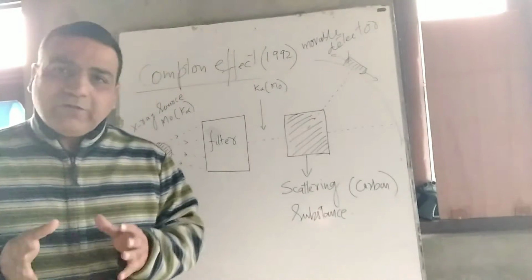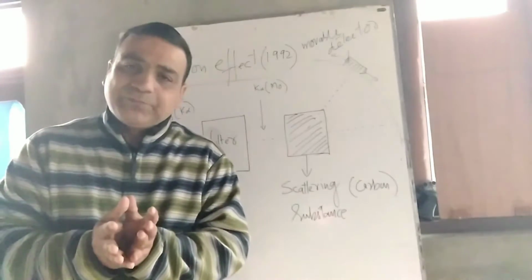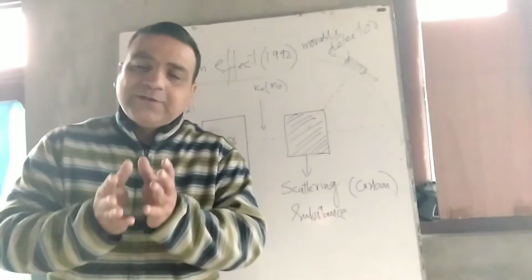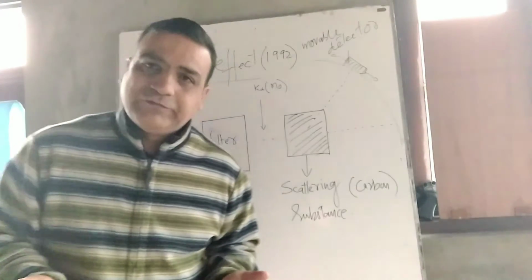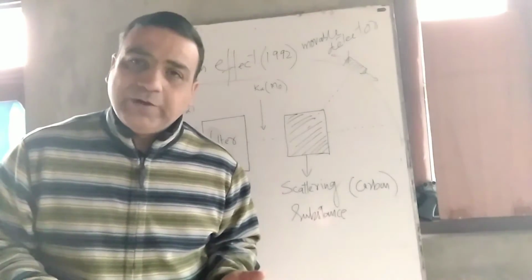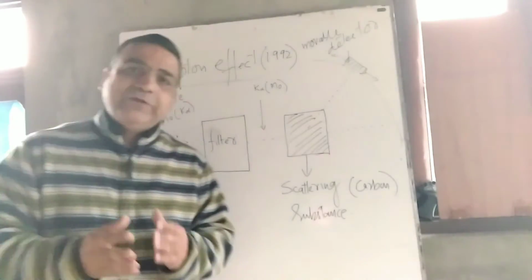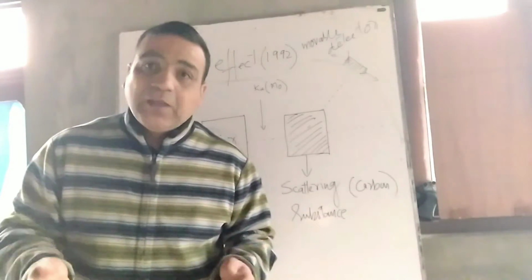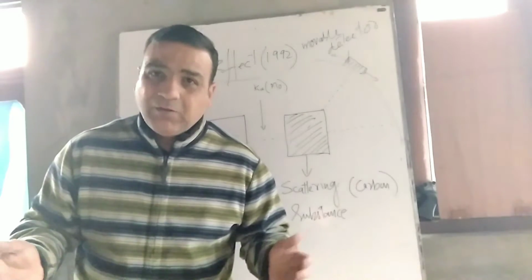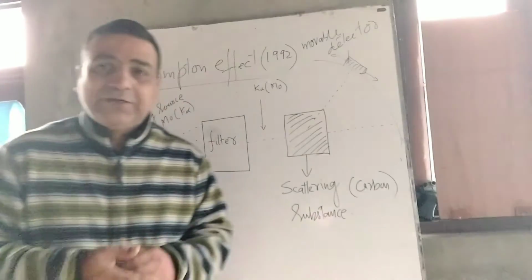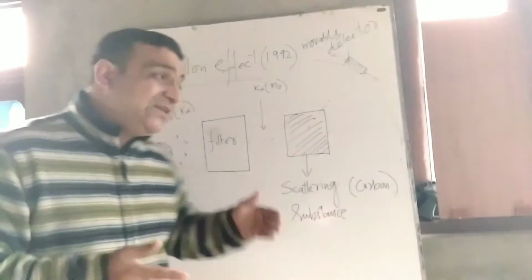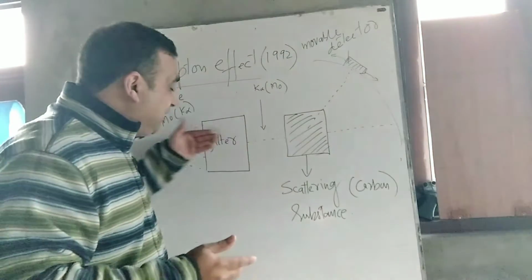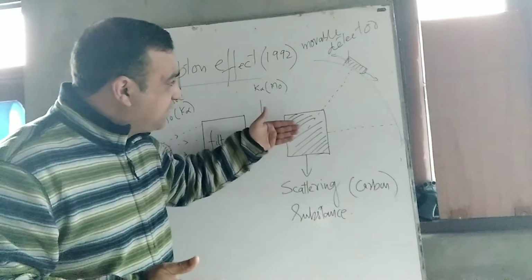And one of the components of the frequencies has a frequency less than that of the incident radiations. And we call them modified radiations, or incoherent radiations, scattered when the radiations have fallen on this scattering substance.